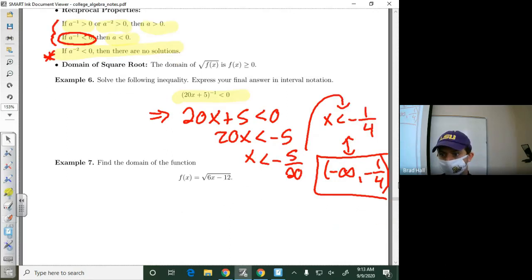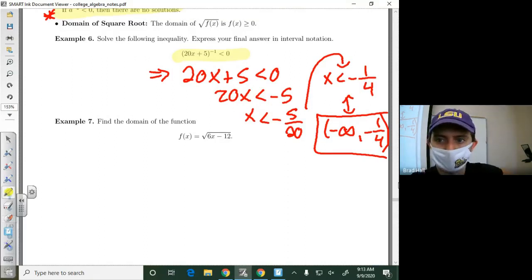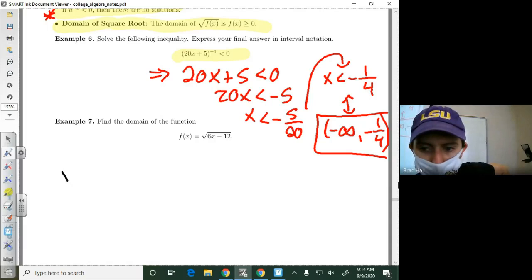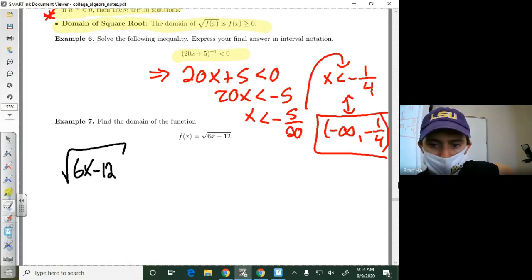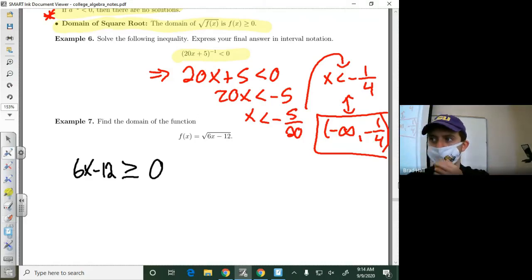Last problem in the section is find the domain of this square root. We actually did this in the past chapter. This is one of the criteria that we talked about. Domain of the square root. It says you can toss the square root symbol. So if you have the square root of 6x minus 12, you're allowed to just toss the square root symbol, provided you set everything underneath greater than or equal to 0.